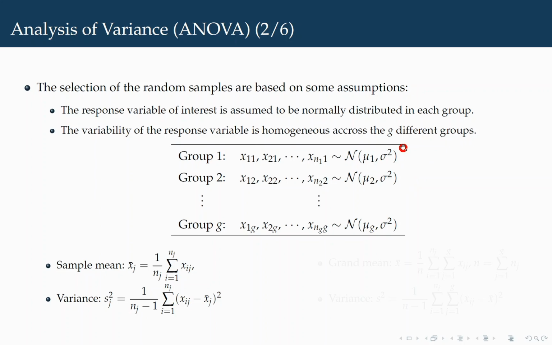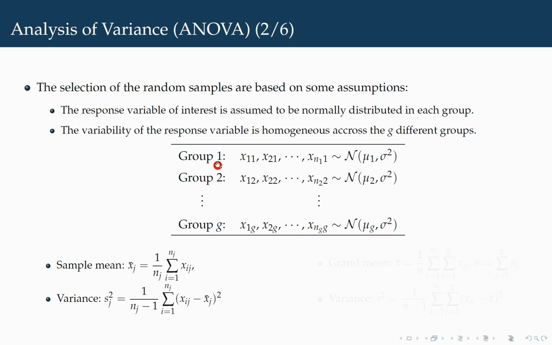So from each of these distributions, we need to take certain random samples: random sample of group 1, random sample of group 2, random sample of group G. Then once we obtain certain random sample observations, we can determine some summary statistics like the sample mean of each group and the sample variance of each group.